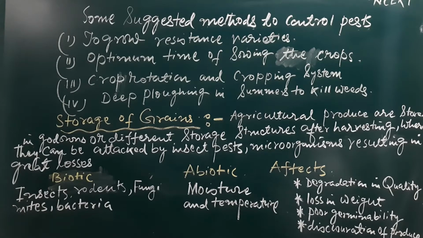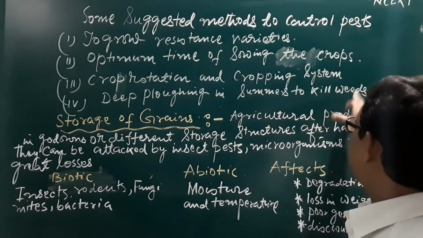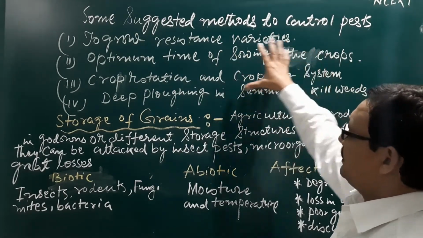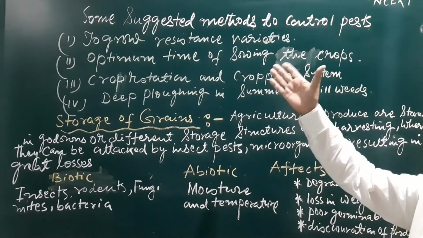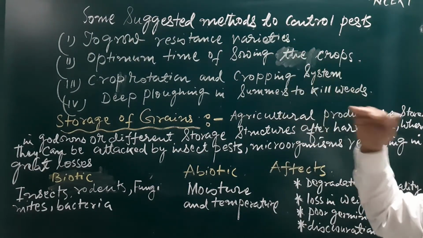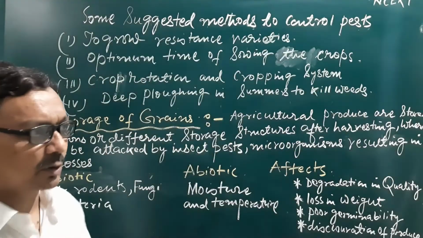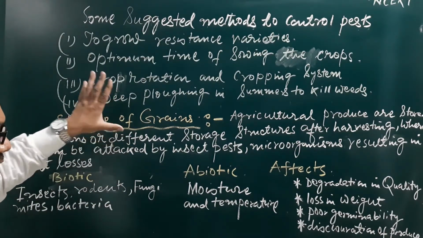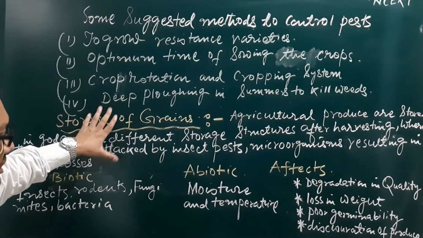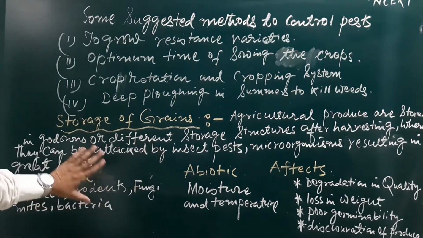Crop rotation and cropping pattern systems should be adopted, and deep ploughing in summers to kill weeds. So these are some measures. If these are taken, then there will be a better result. That means protection from insects, weeds and diseases may be helpful. Protection from all those three different enemies.